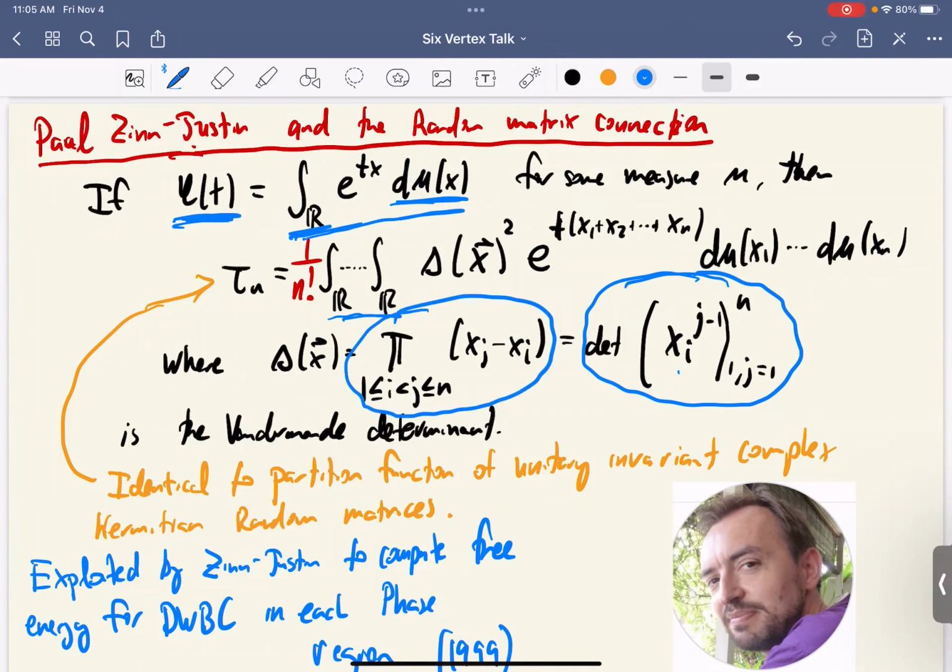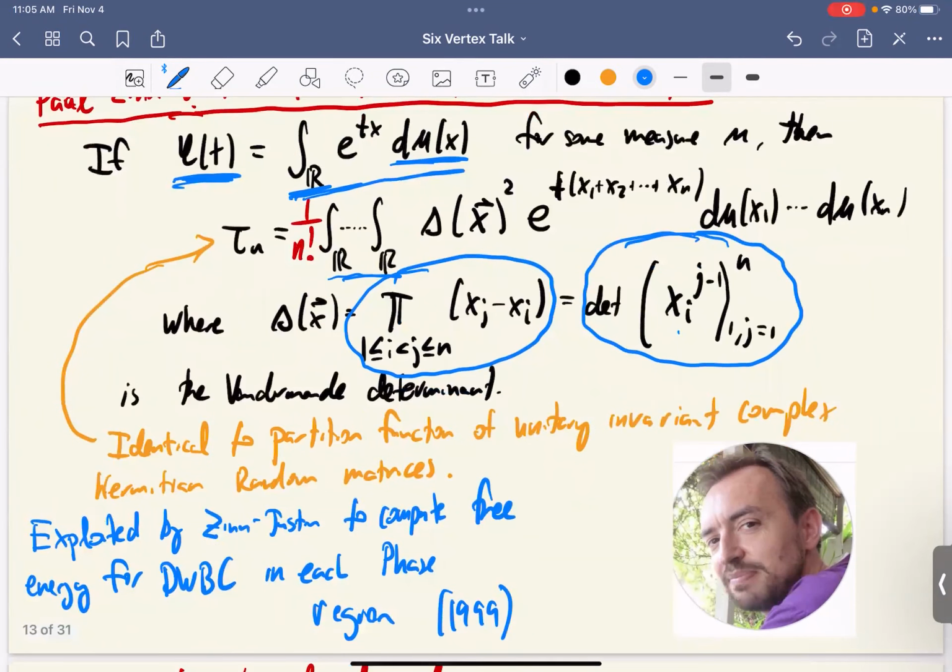So that's by now a pretty standard computation, which was known pretty well to people working in random matrices. And Zinn-Justin noticed that this is exactly the same, at least formally, as the partition function for unitary invariant complex Hermitian random matrices, which happened to be a subject of a lot of study around the time in the mid to late 90s.